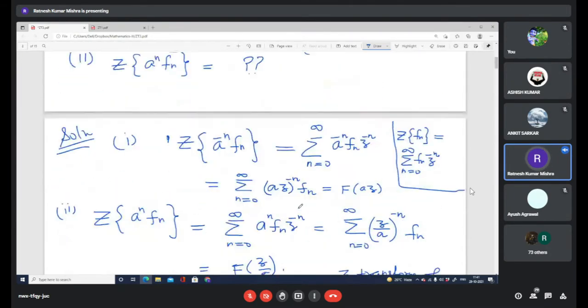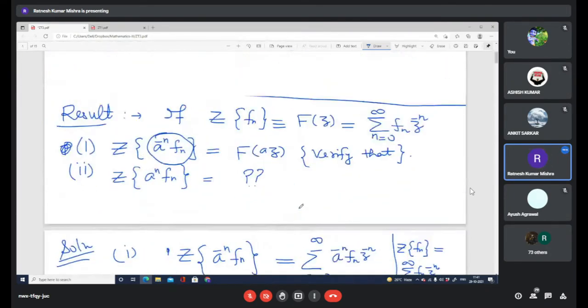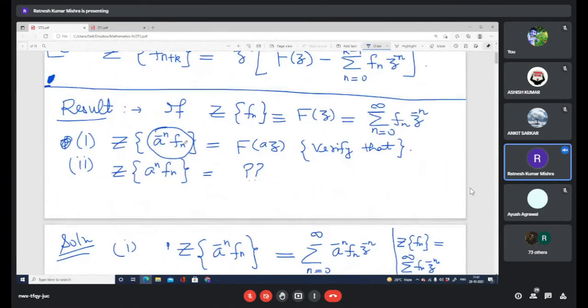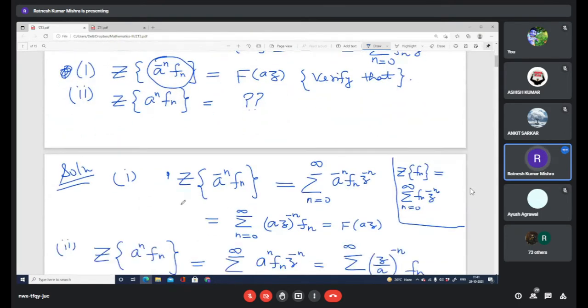We use these two, this result in starting we have, ये second one.